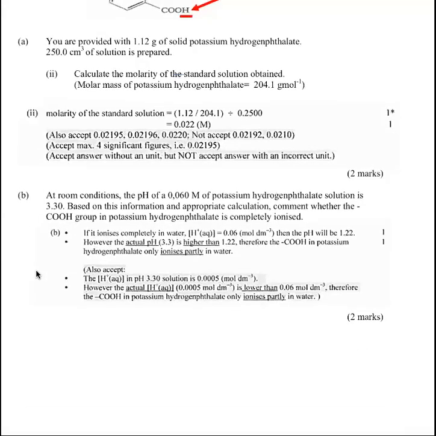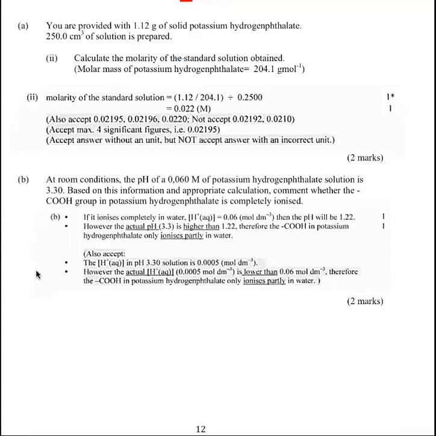And then for the next part, it states the pH of that 0.06 molar potassium hydrogen solution is 3.3. Based on the information, comment whether it's completely ionized or not.